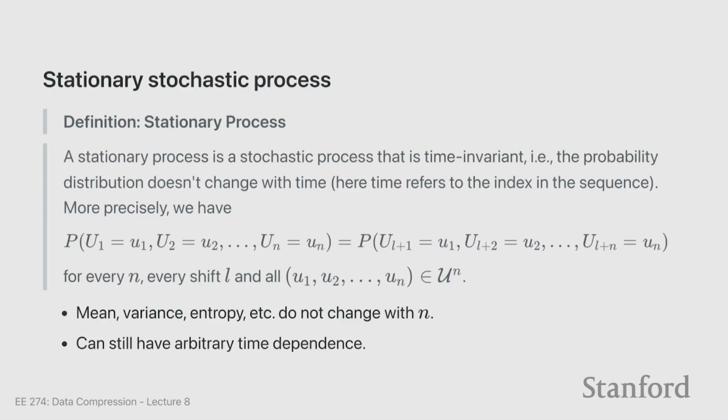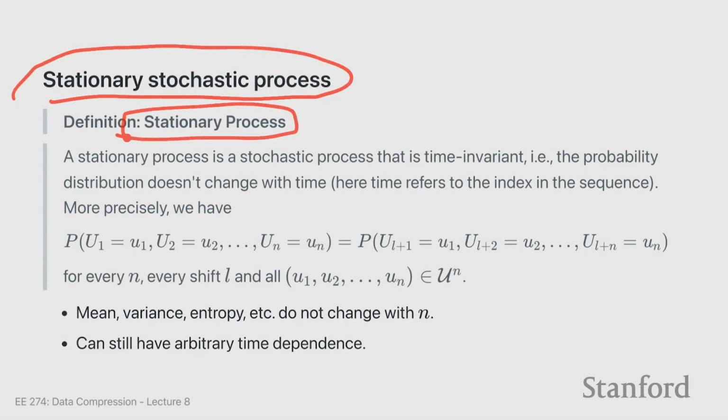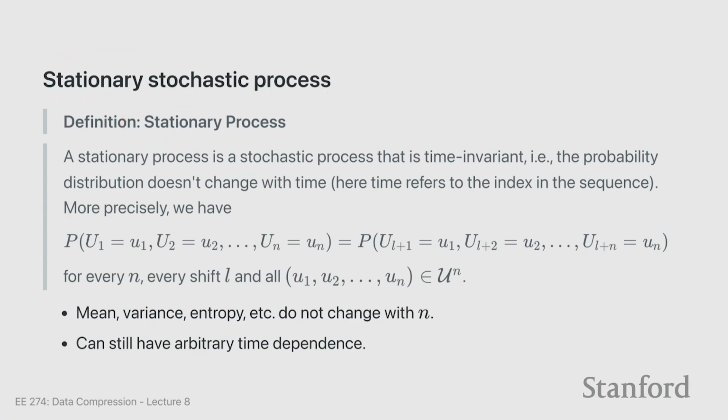Okay. Then we have a stationary stochastic process, or a stationary process, which is a random process that is time invariant. What it means is that whether you are at position 0 in the process or at position 100 or 1000 or a million, the probabilities don't change. It's in a stationary state in a way. We'll look at some examples, but if you define it very precisely, what it says is that for any n and for any L, the probability that U1 through UN is equal to something is the same as the probability that U(L+1) through U(L+n) is equal to the same thing.